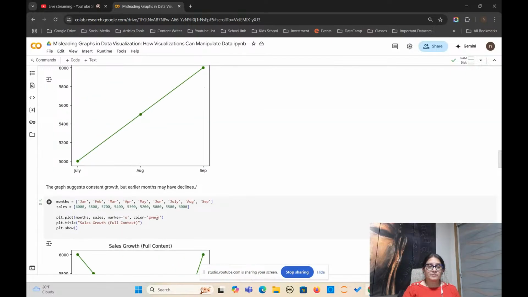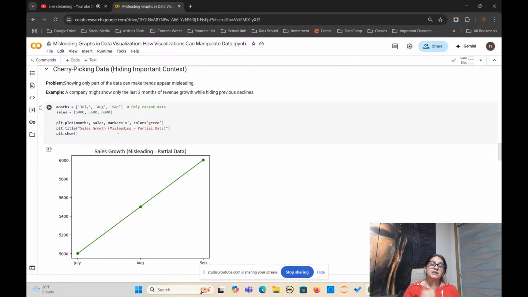So if you are not picking up all the months, maybe to hide some information, or maybe unintentionally you forgot about it when you are fetching the data, you maybe want to show only the growth on your dashboard, so it will mislead your stakeholder, because he will never come to know they had some good revenue in January, February too, and then it dropped, then it grew again.